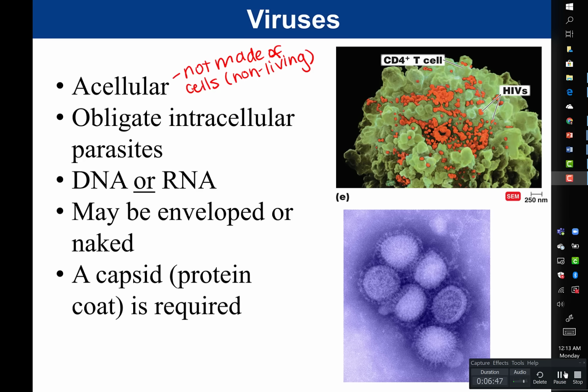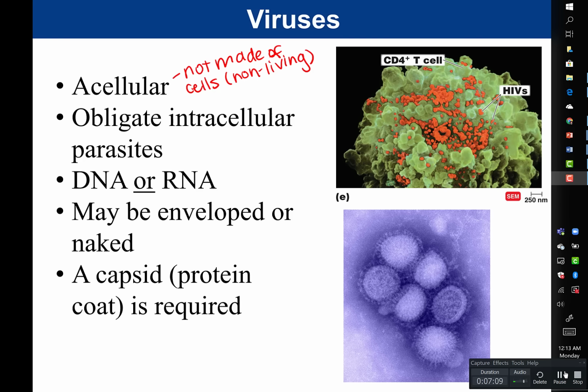And that's because viruses are what we call obligate intracellular parasites. Obligate means that it has to be within the cell. So viruses cannot reproduce without a host cell. And so the virus has to get into a host cell in order for it to reproduce.